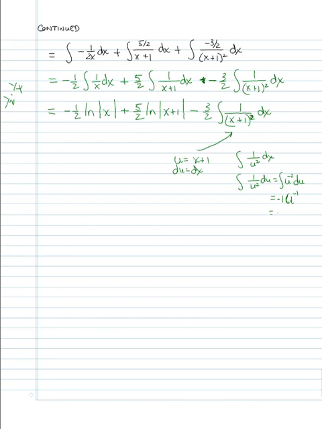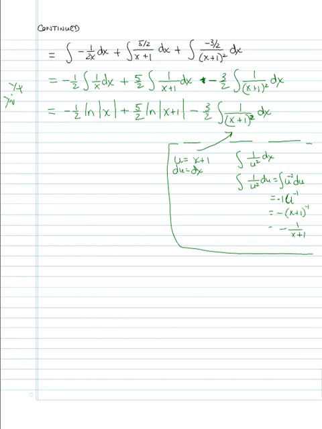Or we end up getting the negative of u, which is x plus 1, to the power negative 1, or negative 1 over x plus 1. Now, I really believe that ought to be pretty transparent to you, so I'm going to leave it at that.